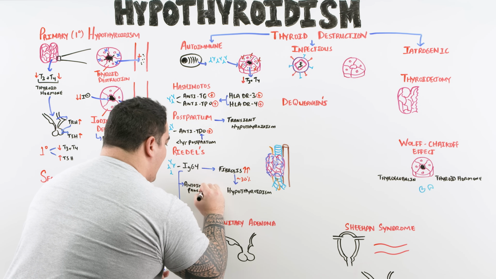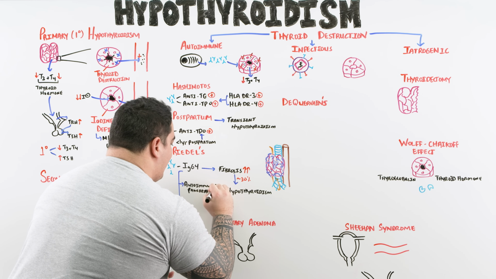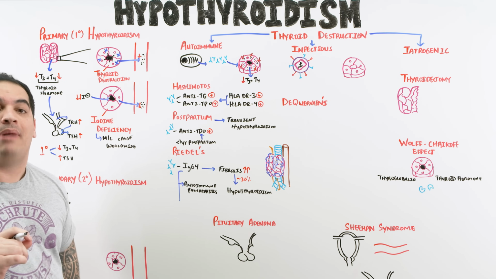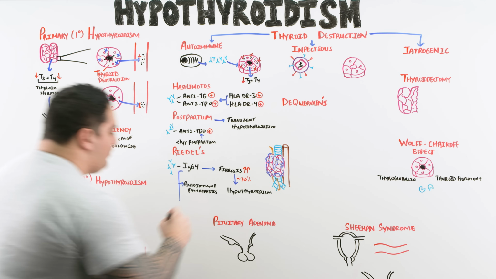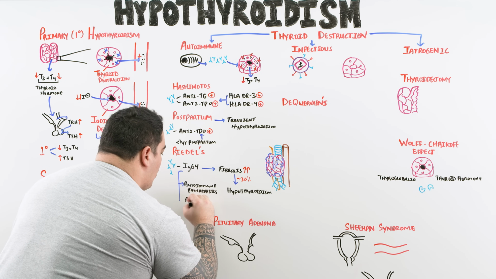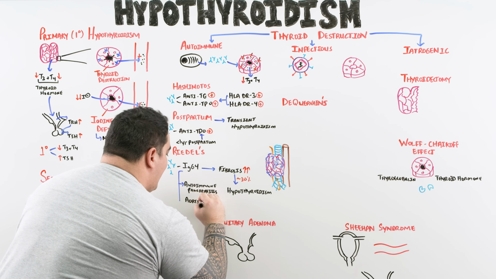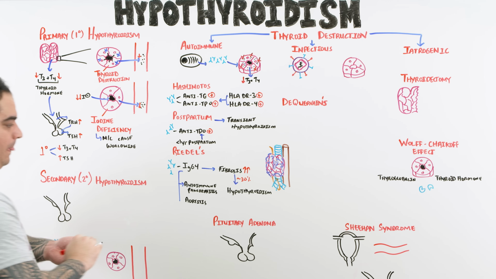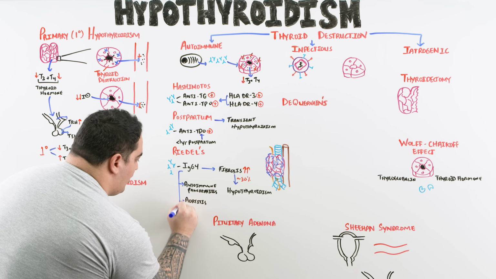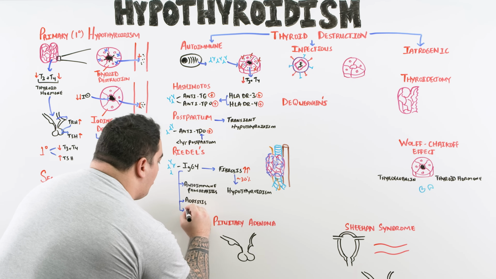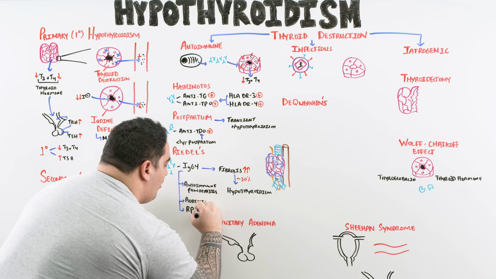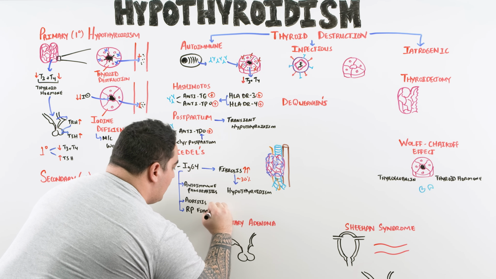So if they have autoimmune pancreatitis and a fibrotic thyroid gland, I want you to think about potentially what? Riedel's thyroiditis. The other one is it can cause aortitis, which is inflammation of the aorta. And the last one is it can cause fibrosis of the retroperitoneum. I'm going to abbreviate that RP, retroperitoneal fibrosis.